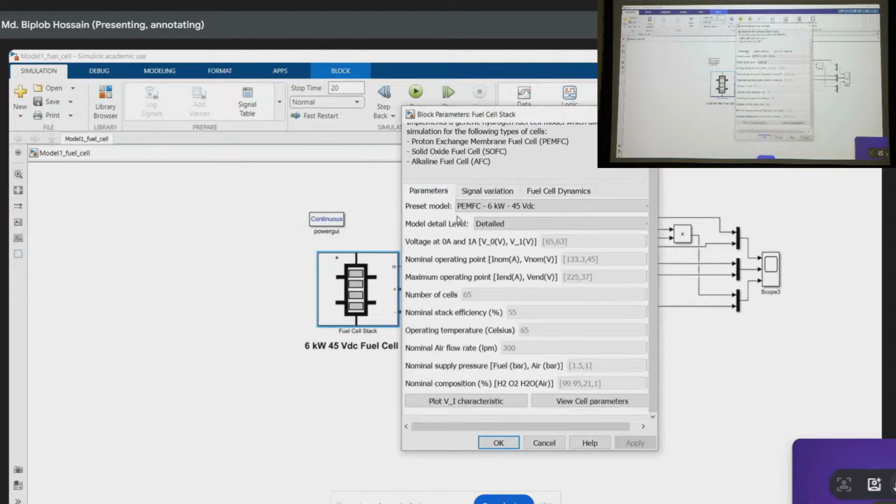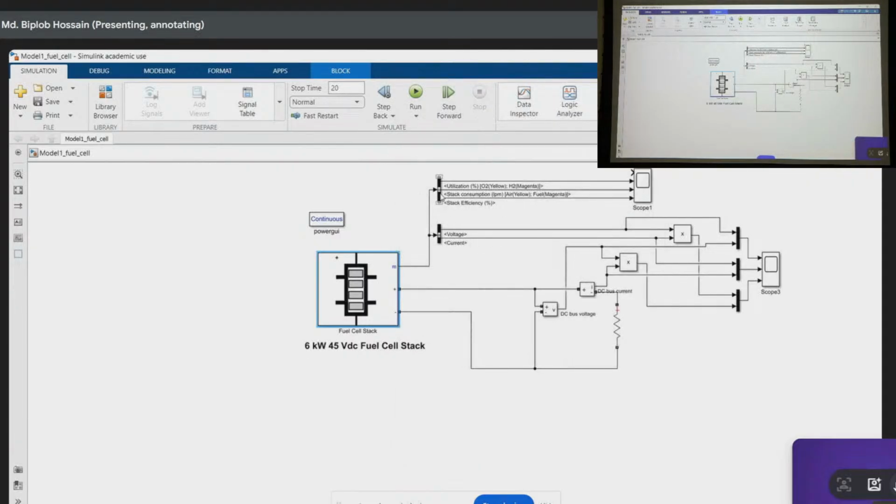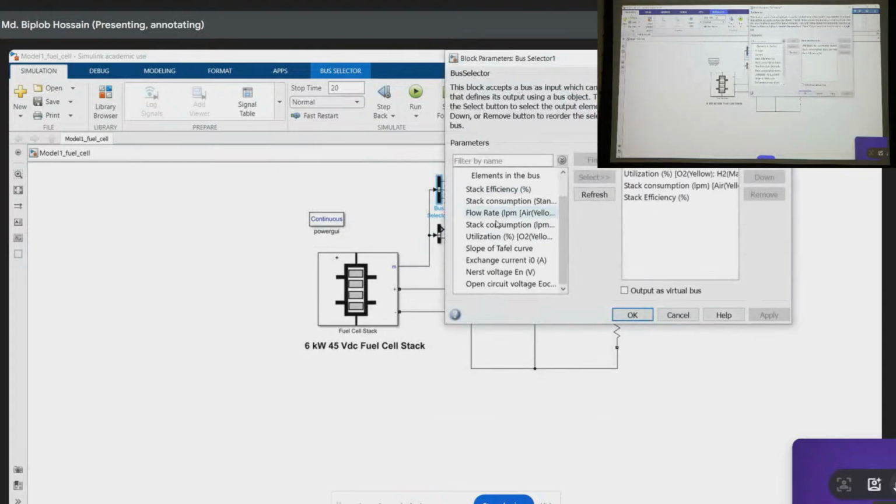It's built in. By default, you can observe this kind of parameters: voltage, current, stack efficiency. So this way you can observe this one.